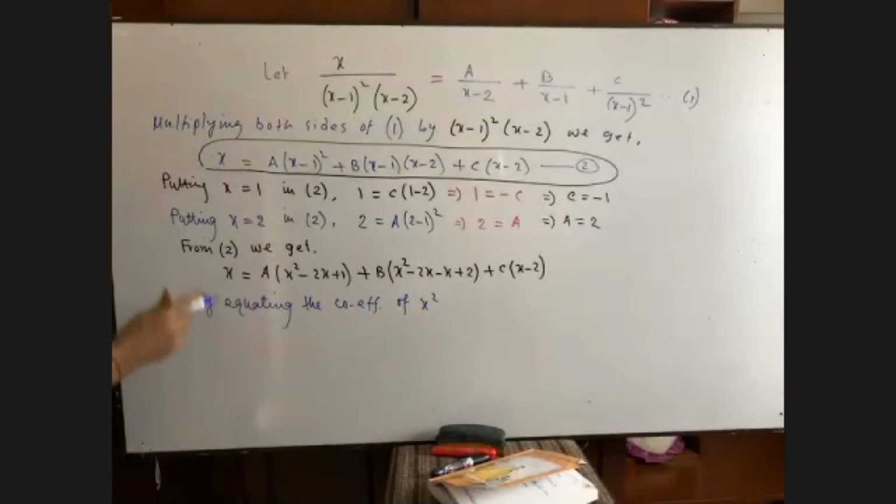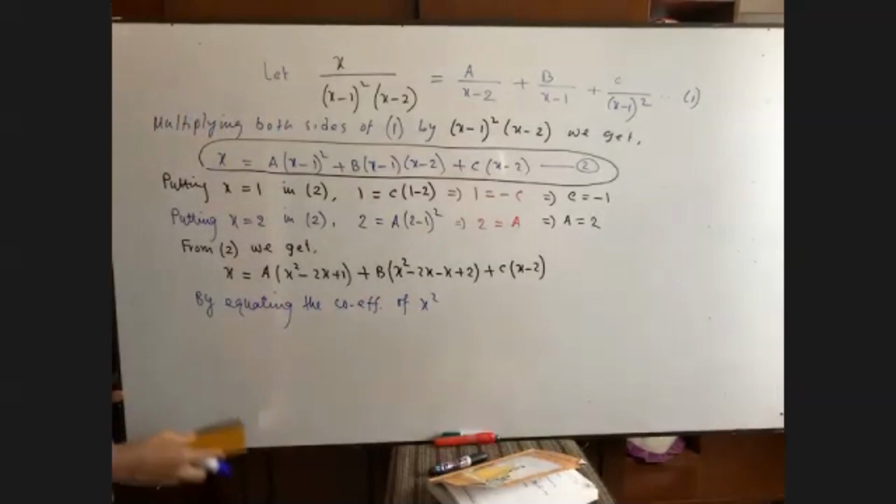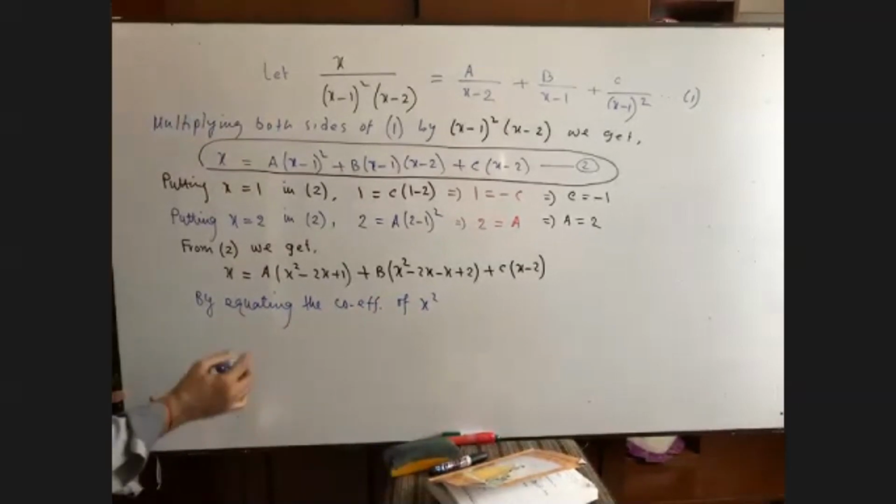Now you see there is no x square in the left hand side. Is there any x square in the left hand side? No, sir. Only x. But we have 0 into x square in the left hand side. So the coefficient of x square in the left hand side is equal to 0.